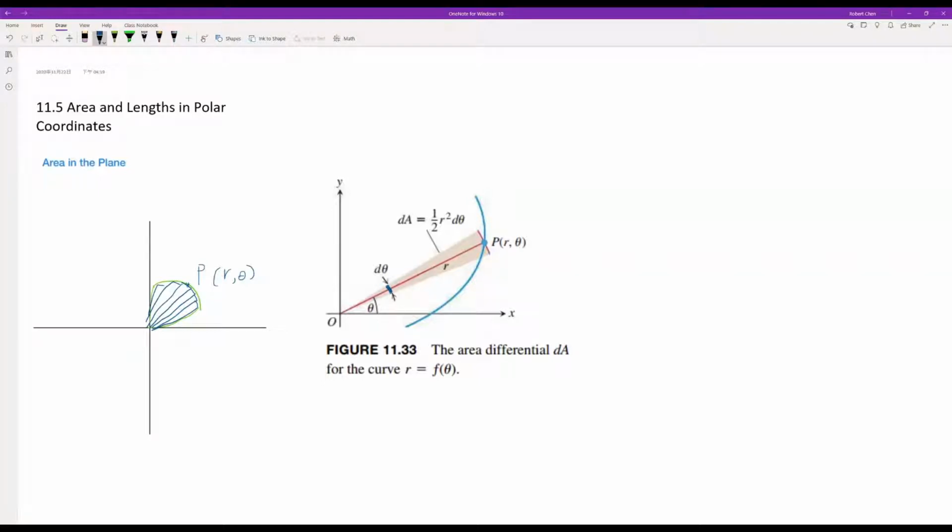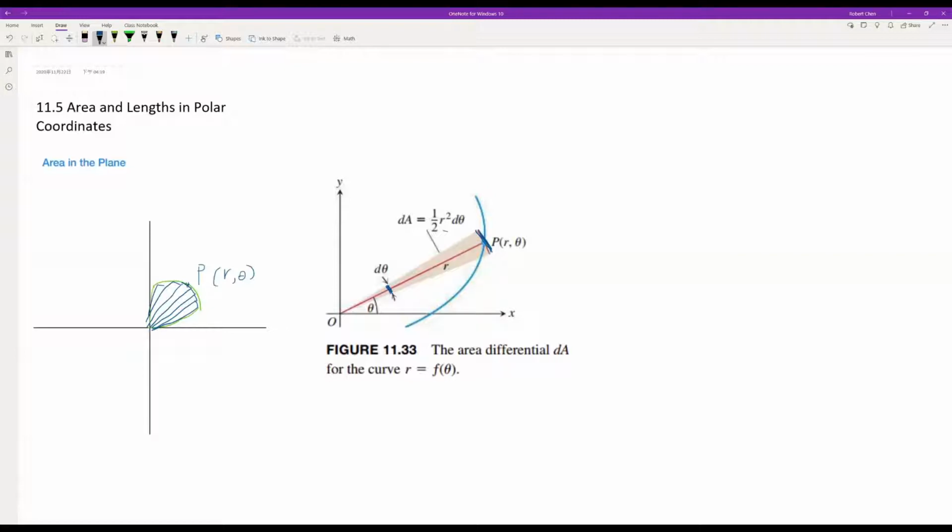So the area is going to be base times height. In this case, the height is r, and the base can be found using the value of d theta. We're assuming that this is our d theta, which is the formula for the arc length, so the base is r d theta, multiplied by r and multiplied by 1/2.